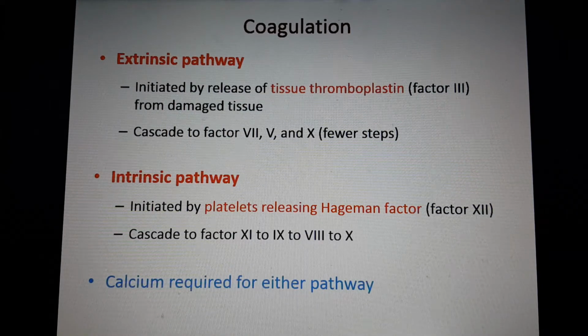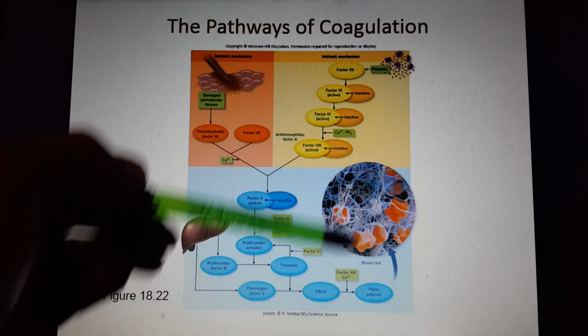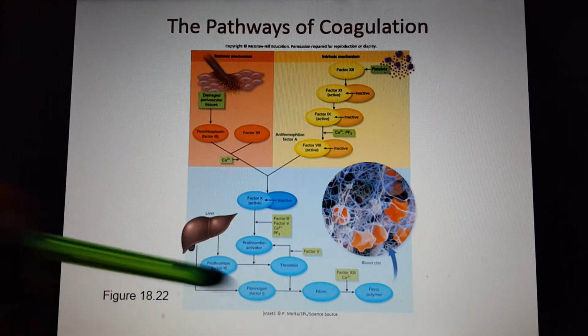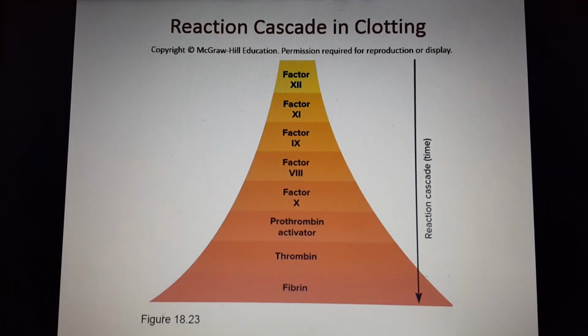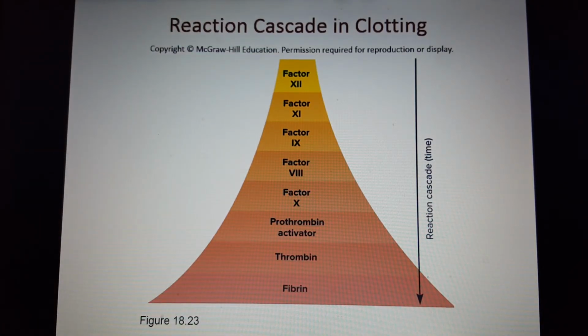With these last few slides where it has all these steps on which factors go here and who helps whom, ignore those. I just left those in there so you can know that there's a bunch of steps to eventually getting to a clotted blood.